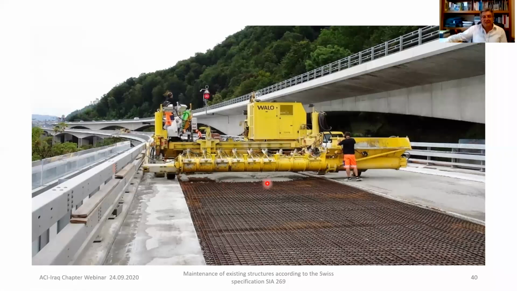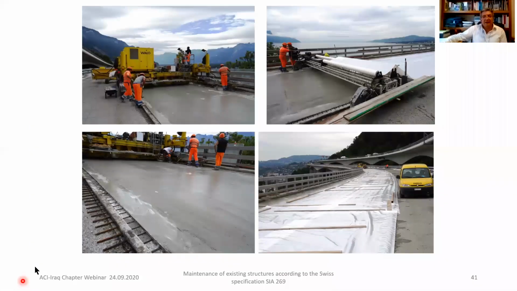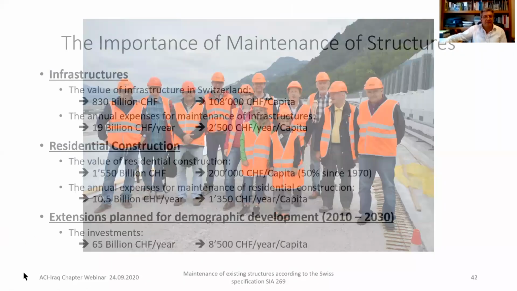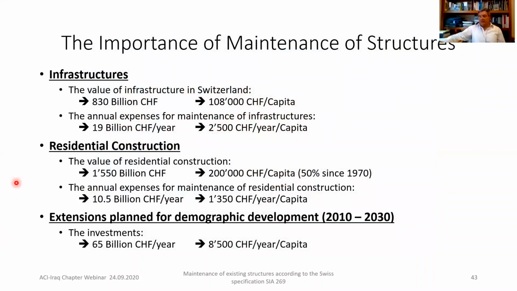This is the new reinforcement, and some photos to show the procedure. And then it was finished. It was 2014 that everything was finished. This is during our visit in 2015.